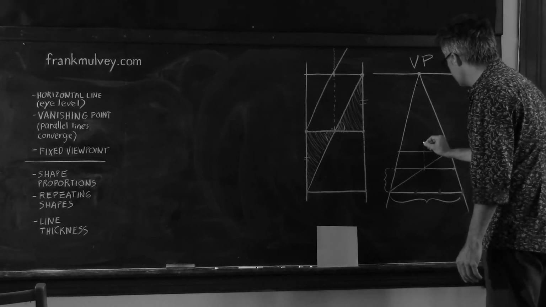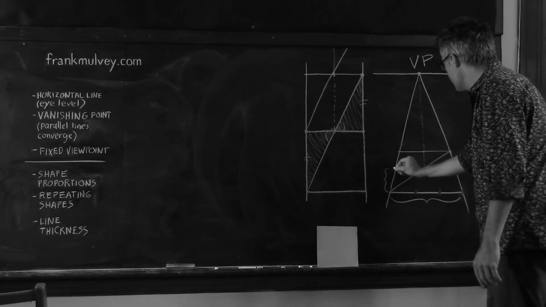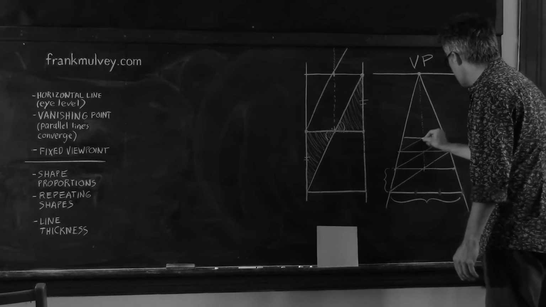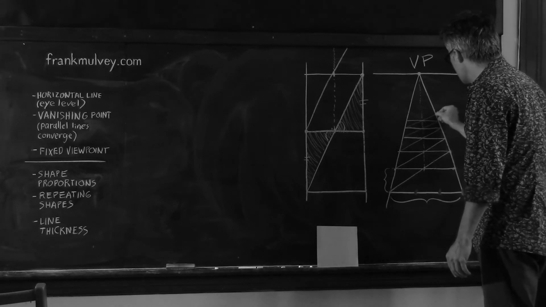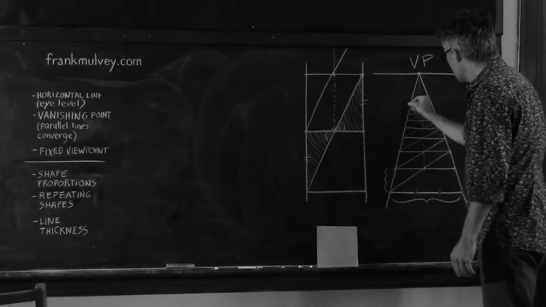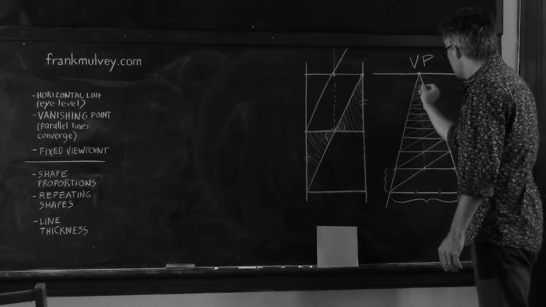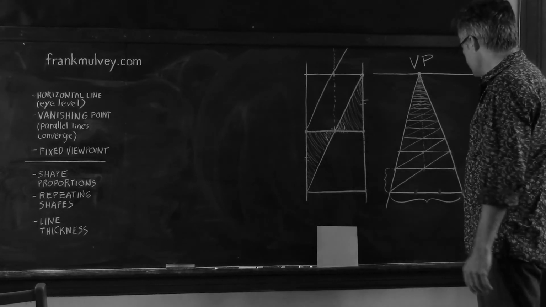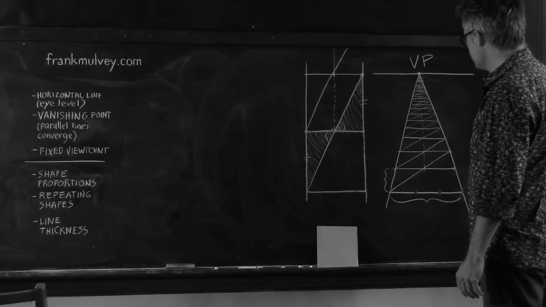We're going to bisect this just like we did with our top view example. I'm just going to complete that quickly. Just kind of faking it because I don't want to take too long to do the demonstration. And so there we have our railway looking quite convincing, moving away into the distance.